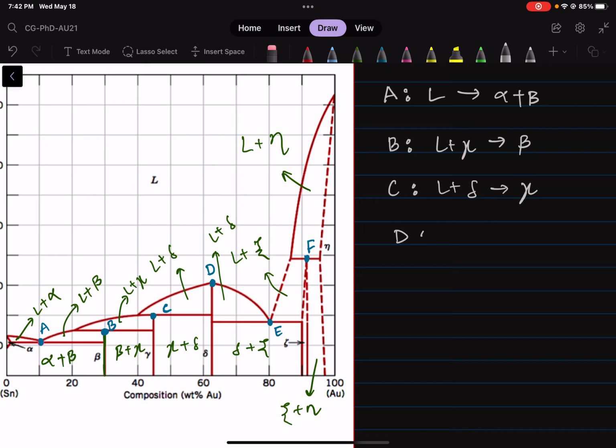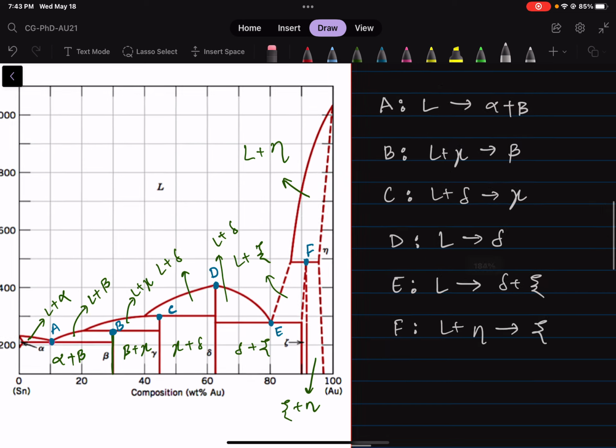At point D, you have liquid transforming to delta. Here, delta is just one straight line, so all the liquid transforms to delta only. At point E, you have liquid transforming to delta plus psi. At point F, you have liquid plus eta transforming to psi. So these are the six reactions.